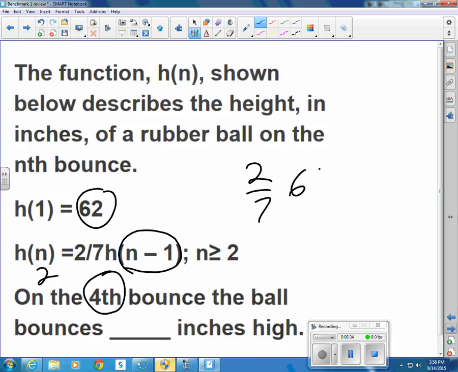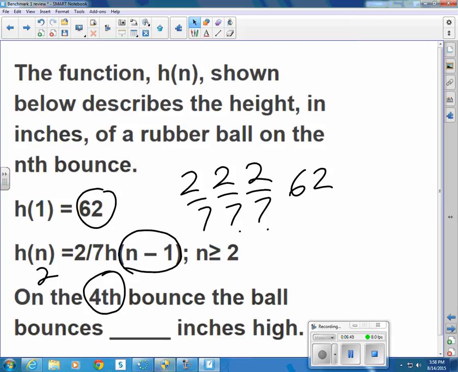2/7 of 62. And I do 2/7 of that. So this one would give me the second bounce, third bounce. So I need to know the fourth. 2/7. I can just multiply 2 times 2 times 2 times 62 and then divide by 7, divide by 7, divide by 7.